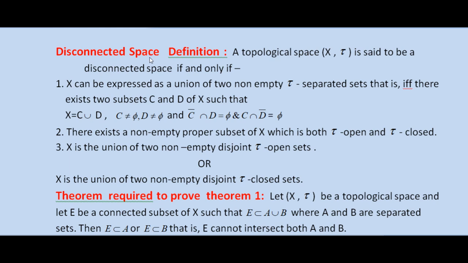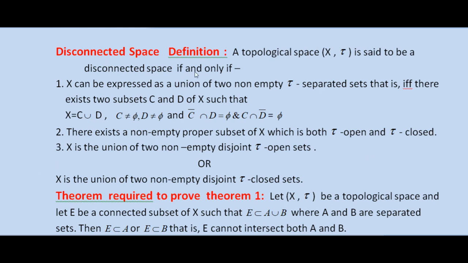and once we have proved theorem 2 and theorem 3, we consider all the 3 points as definitions of disconnected space. So what is the second definition of disconnected space? A topological space (X, tau) is said to be a disconnected space if and only if there exists a non-empty proper subset of X which is both tau open and tau closed.